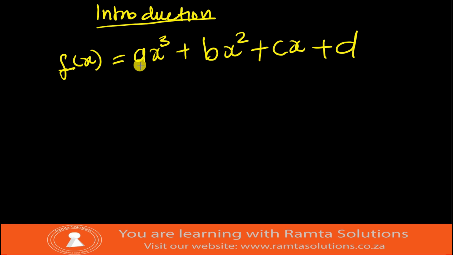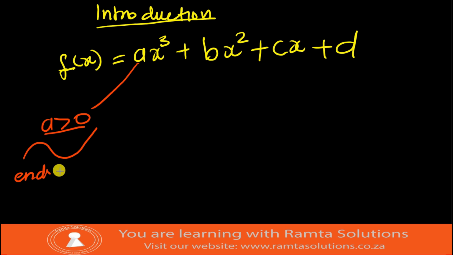When this A is positive, your graph looks like this. A tip here is to say it ends with a smiling face.